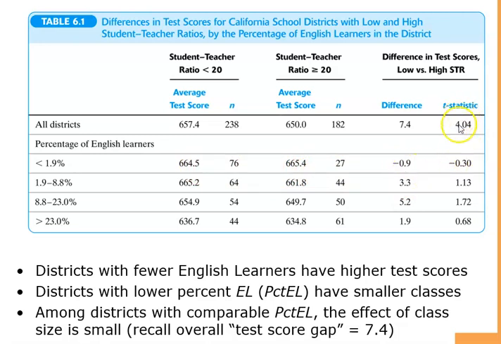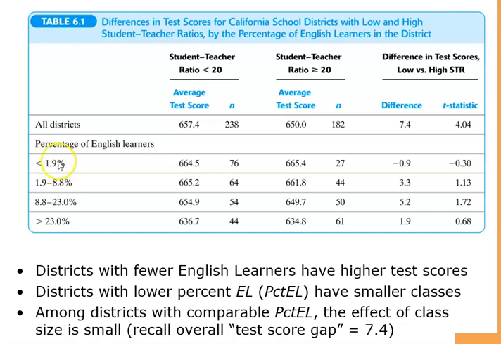You are also given the t statistics for the difference in means test, which is the two sample t-test which we did in the third chapter, I think. We can see from here that the districts with fewer English learners have higher test scores. So what are the districts with fewer English learners?